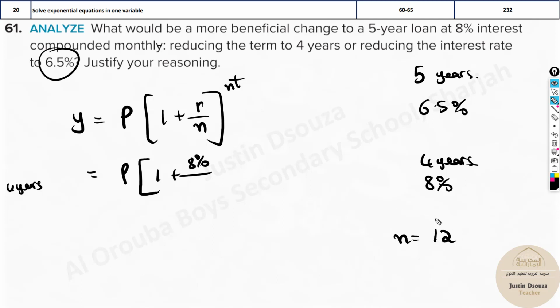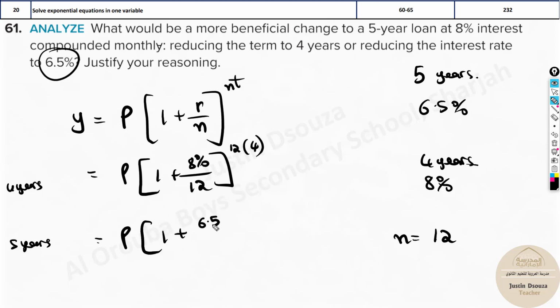So it is 12. So n is 12. The power is 12 times t, and t is how much? 4 years. Now if it is 5 years, it's the same formula, only p is unknown. It will be 1 plus the rate of interest changes, 6.5% divided by 12. And over here it is 12 times 5.